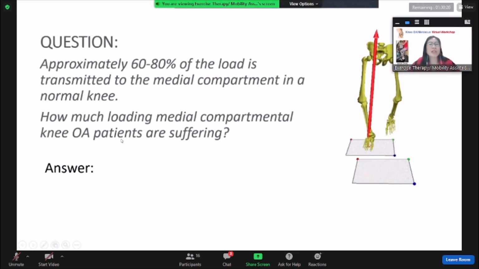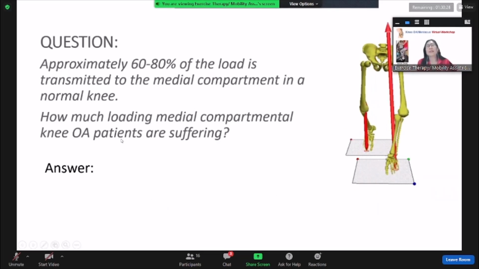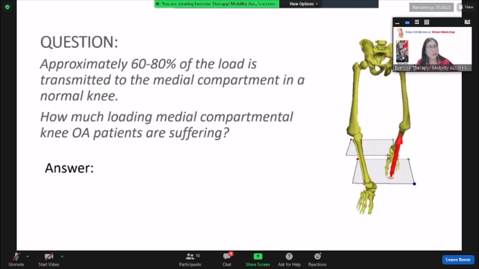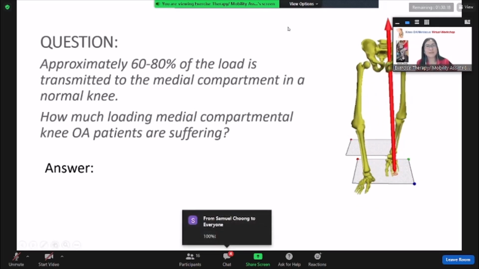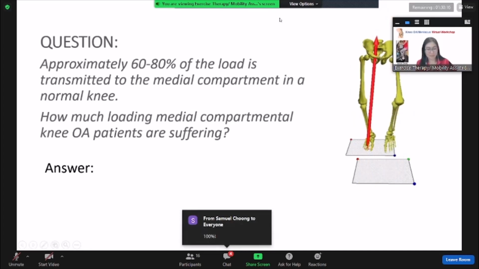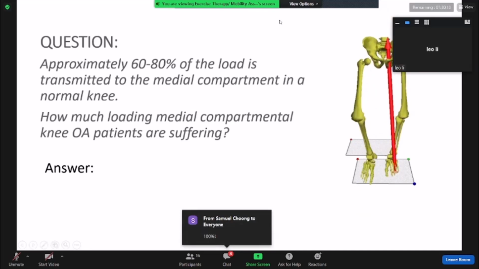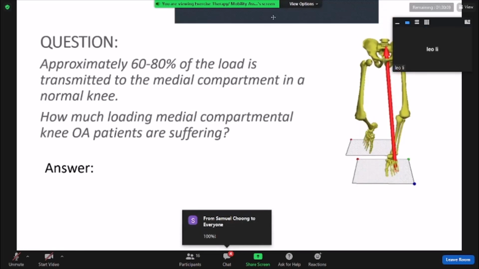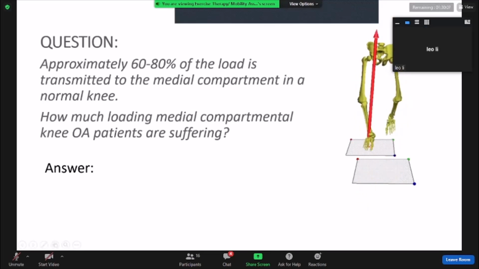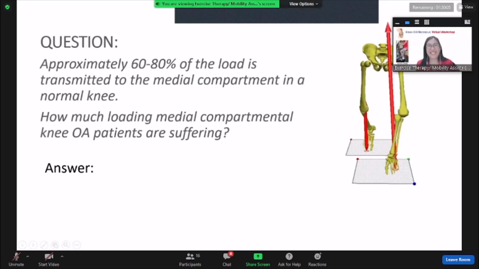How much loading do you think goes through the medial compartment for patients with knee OA? Anyone? You can shout out your answer. I saw the answer in the chat room: it's 100%. That's correct.